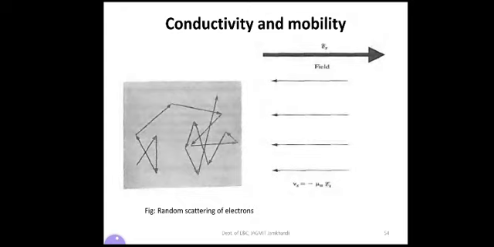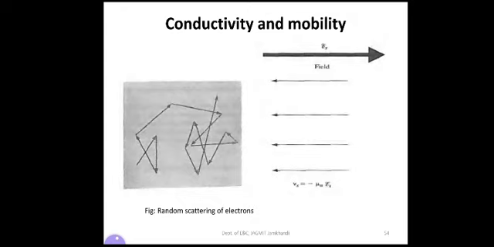The drift velocity, denoted Vd, or in this case in the x direction Vx, is directly proportional to the electric field. If you remove the proportionality, then Vx is equal to mu into epsilon x, where mu is the mobility.